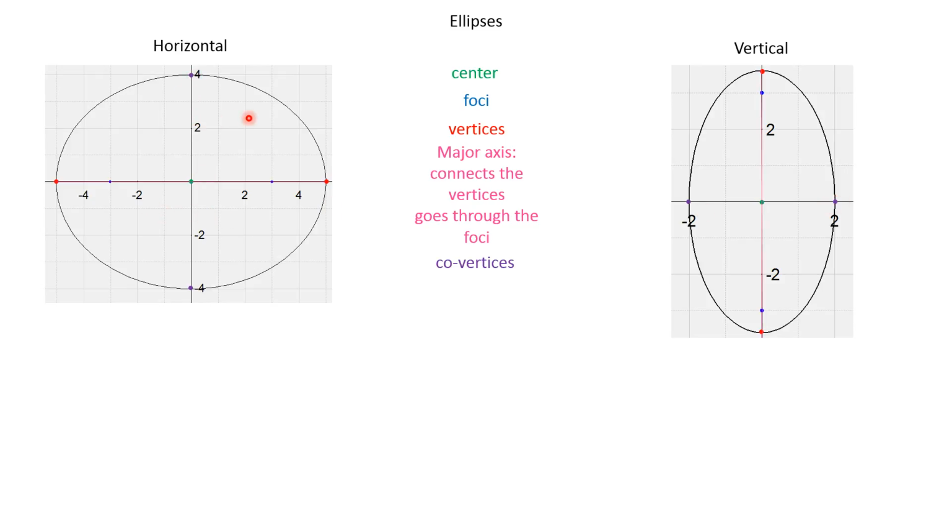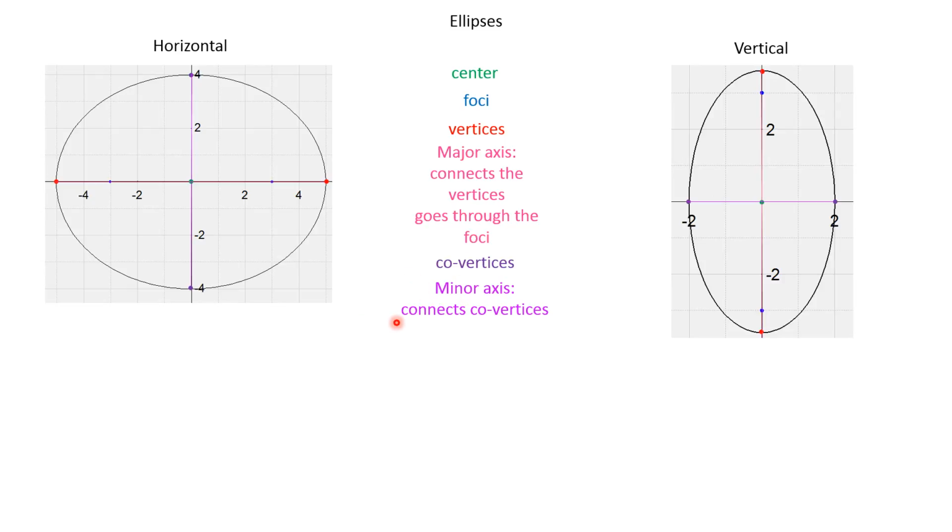Notice the only real difference between them is the name. The covertices in horizontal are the vertices in vertical, and vice versa. The covertices are connected by what's called the minor axis. It just connects the two covertices, so it's vertical in a horizontal ellipse, and horizontal in a vertical ellipse.